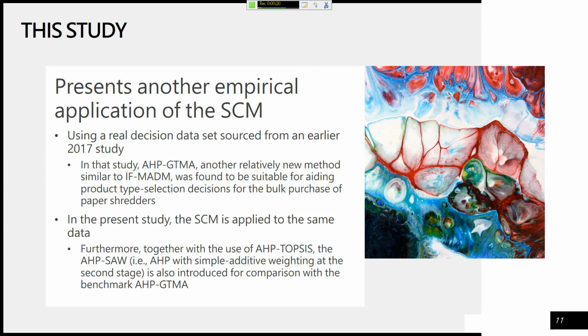In another earlier study in 2018, AHP TOPSIS was used to solve the same decision problem. In that study, the traditional tangible vector-based measures were used, and the authors proposed the idea to apply the non-parametric tests. But the systematic SCM was not applied.